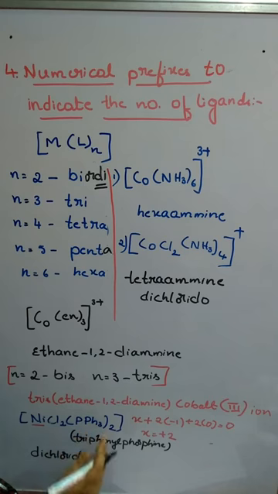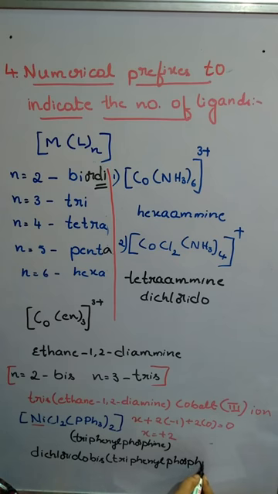How many triphenylphosphine ligands? 2, so it should be mentioned as bis(triphenylphosphine). The name has to be continued with nickel. The space is not sufficient, so I am writing at the end: nickel, and the oxidation state is 2.